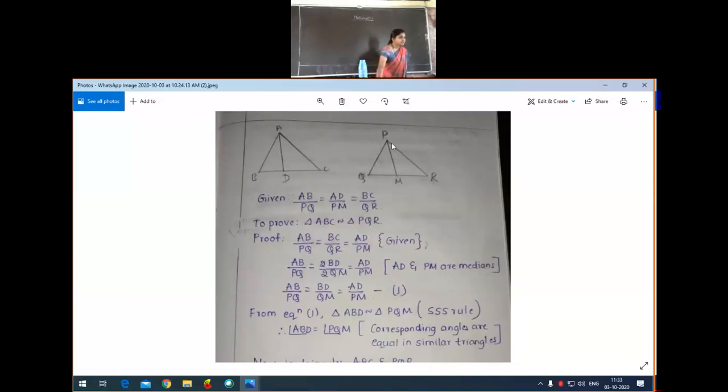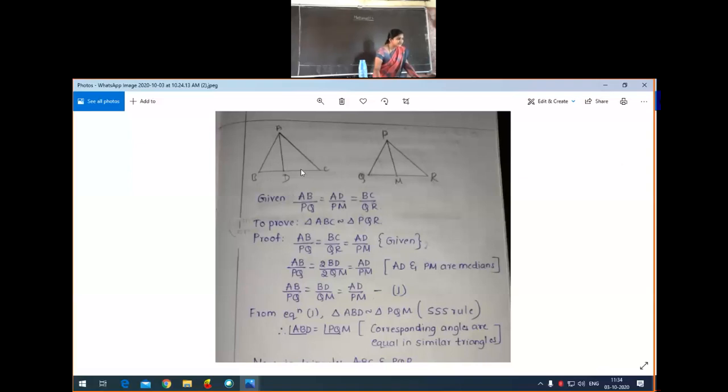AB divided by PQ is equal to BC divided by QR, that is equal to AD divided by PM. We took the first given data only. Next, take AB by PQ as it is, which is equal to, can we write BC as 2BD? Yesterday we used this concept, no? Median, so two equal parts. I'll take this BD part.